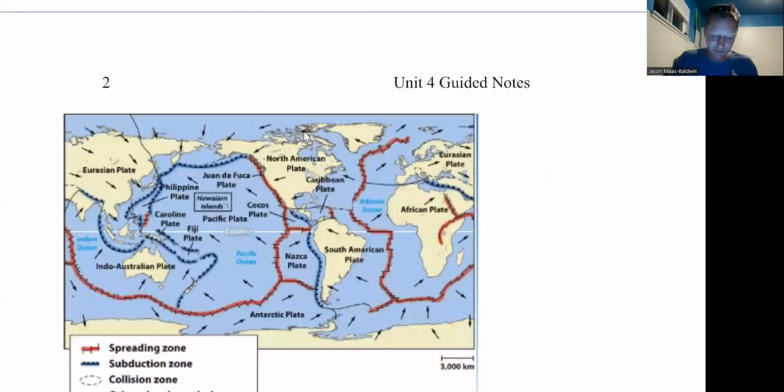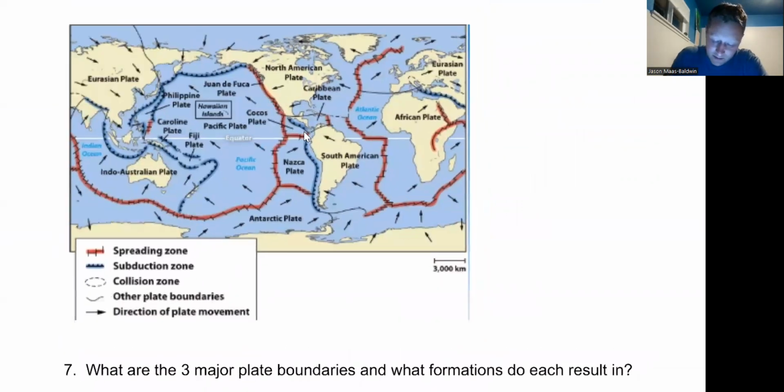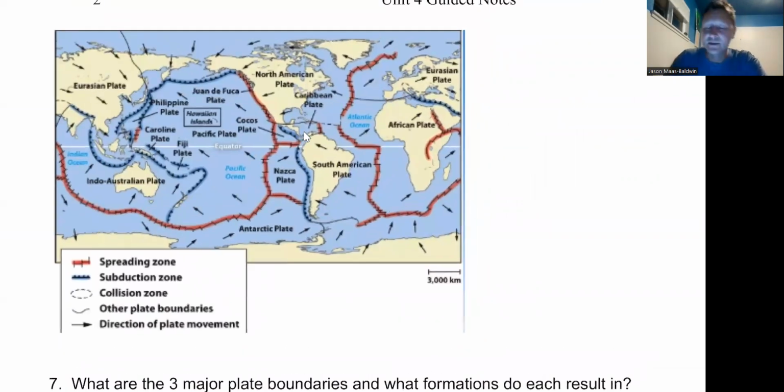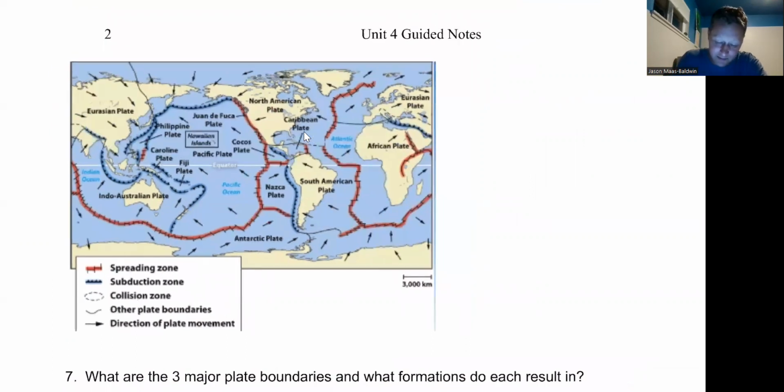And so let's go ahead and look at the plates here. There's a lot of plates in the Earth, and there's some particular areas that you want to be familiar with. So first of all, let's just talk about some of our major plates. So the Pacific Plate, this whole thing right here, this whole thing that I'm shading in right now, this is all the Pacific Plate.